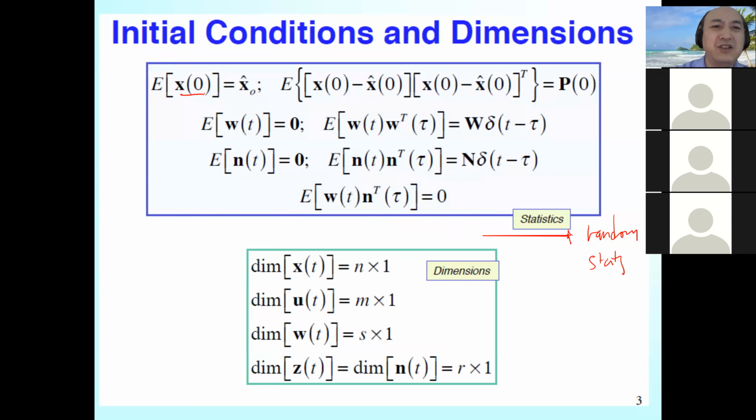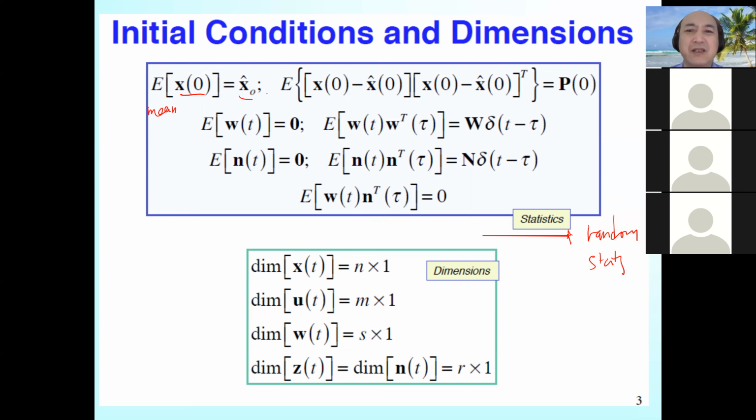Instead of talking about the initial condition, the initial condition is random, so you talk about its mean, the average or expectation. This is my x zero hat, the mean.